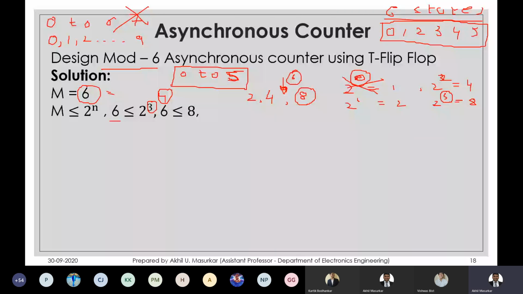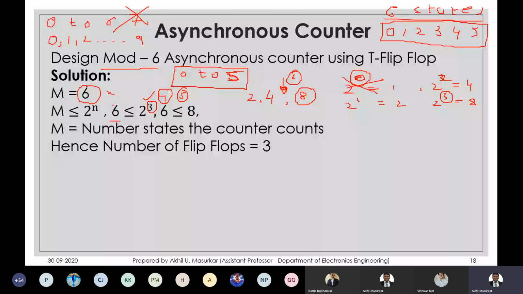We want a mod 6 counter, not a mod 16 or 13 counter. So we don't require 4 or 5 flip-flops. We are satisfied with the minimum number, which is 3. So the counter counts 6 states, and hence the number of flip-flops that we have to use is 3.